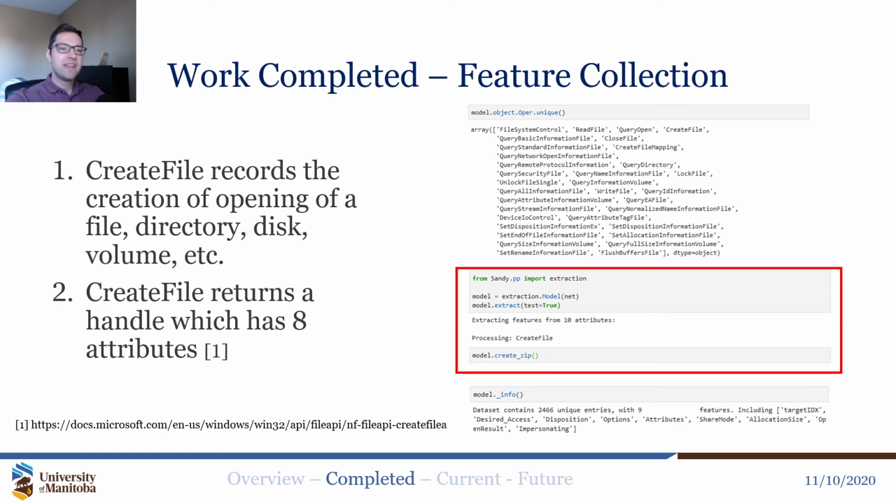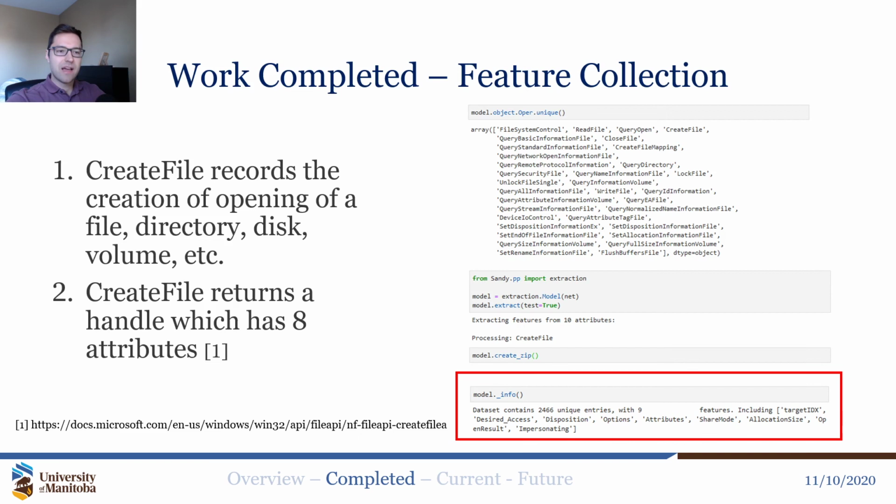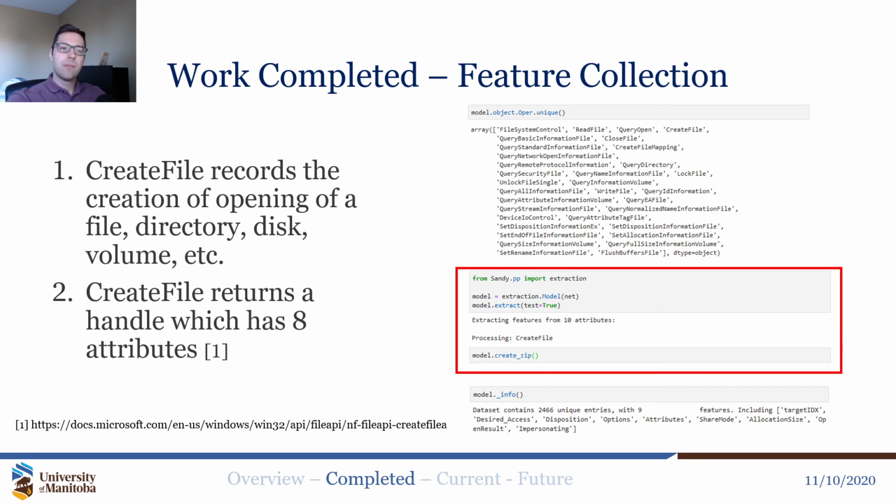So in the sandy.pp, being preprocessing import extraction, what the extraction method does is it will look at all the operations, again these unique operations, and each of these operations has unique attributes associated with them. As an example, once we do that and we pass in the command info, in this example, test is set to true, and model.extract.